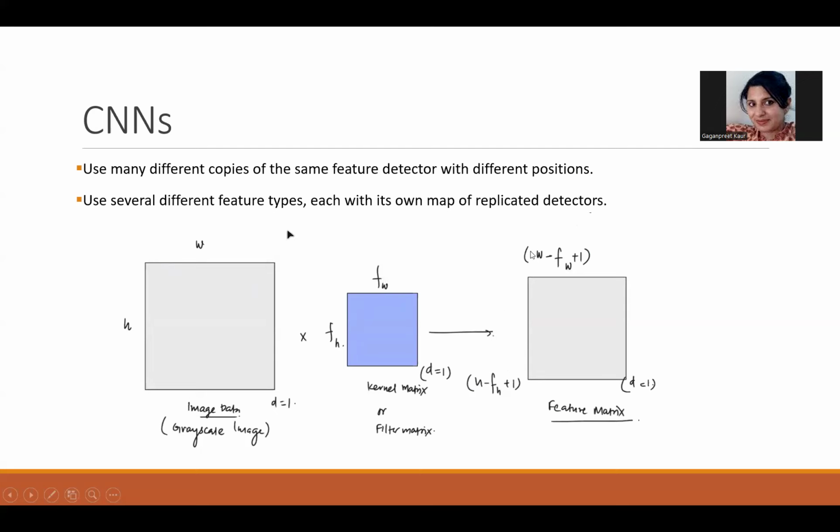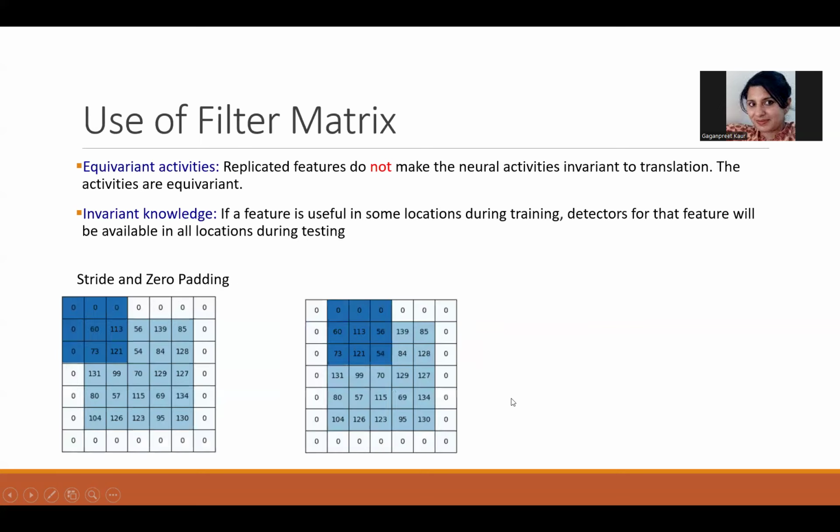It means the size of my output matrix will be w minus fw plus 1, and similarly the height would be given by the similar dimension. And the dimensionality remains the same. So if it is RGB, the dimensionality is 3, then it will remain 3 in your output.